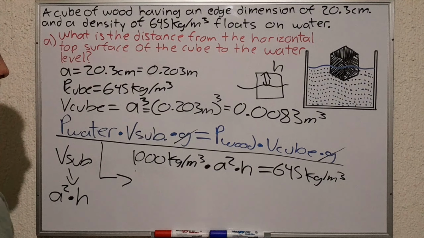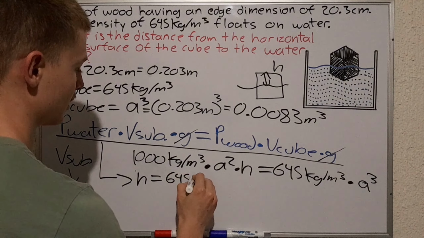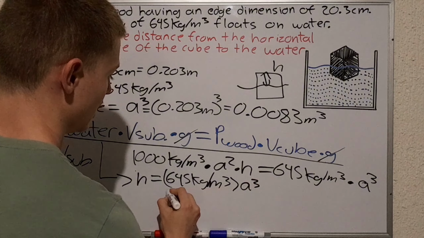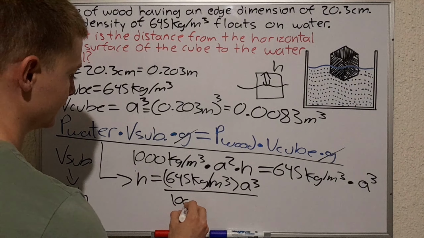So now we only need to find the H for the moment, and we're gonna move both of these guys to the other side. So H would be equal to 645 kilograms per cubic meter times A cubed, and we divide this by 1,000 kilograms per cubic meter and A squared.